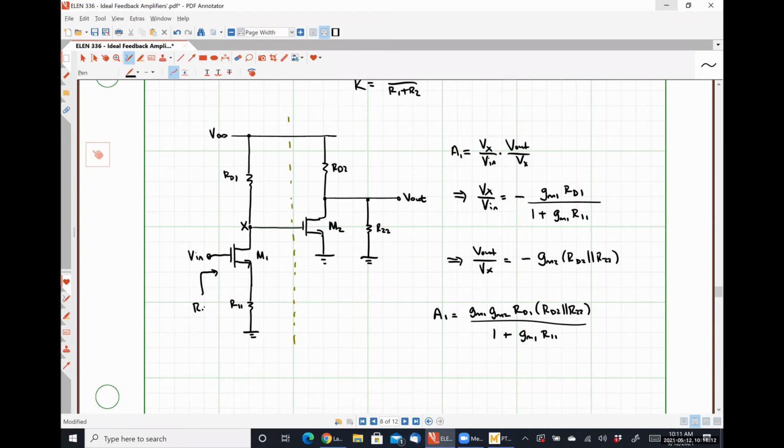What is our open loop input resistance? Yeah, it's infinitely large because it's just running into the open circuit of the gate source capacitance.